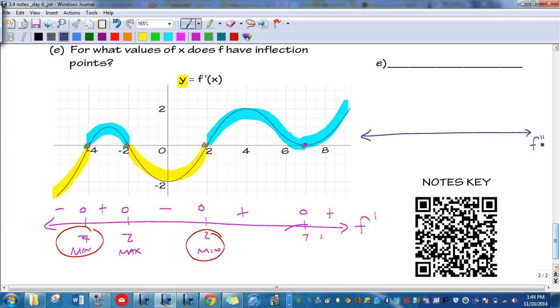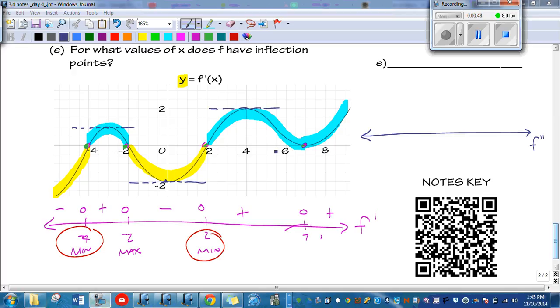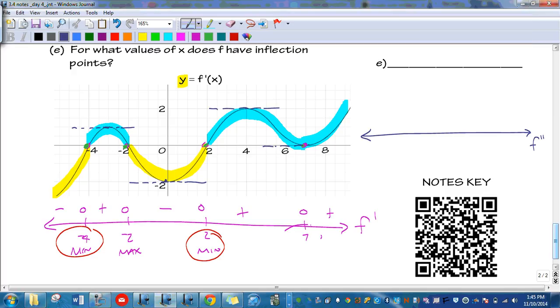So if we want to find the values where the second derivative is 0, we're looking at this graph and trying to figure out when is the derivative, or the slope of the tangent line, 0 on this graph. Well, that's going to happen wherever we have those local mins and local maxes. So at -3, 0, 4, and 7.